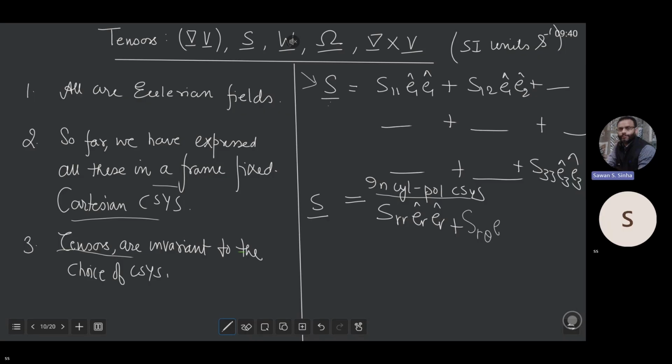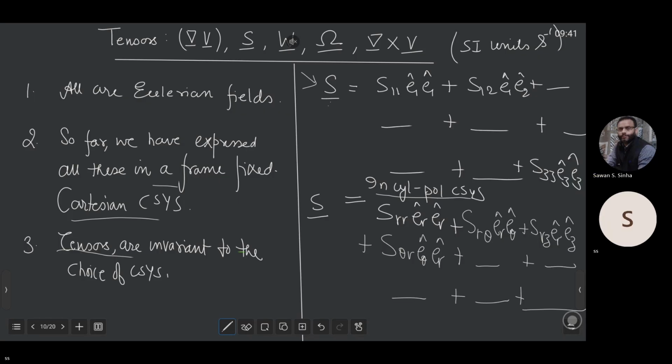ER E theta, right? Because R is coming first. Then S RZ, right? And then you will have S theta R, and then I'll leave some blanks for you to fill. I'll just ask you what's the last component, of the 9 of them. What will be the last one? SZZ, EZEZ. Okay.